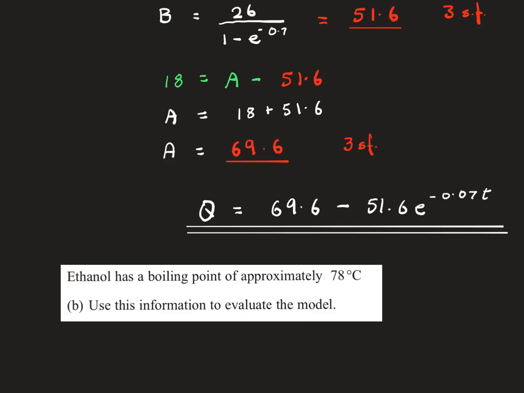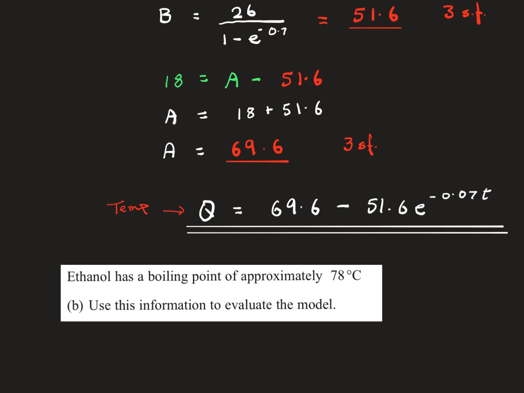Alright, so this model tells us that the temperature is equal to 69.6 minus 51.6 e to the minus 0.07t as time increases. Let's just make sure that you understand that this is the temperature.